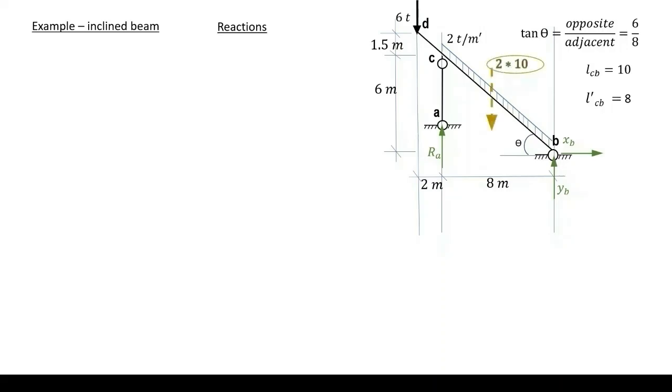The resultant of the distributed load is 2 tons multiplied by the actual length of CB, 10 meters, as this is the length on which the load is distributed.